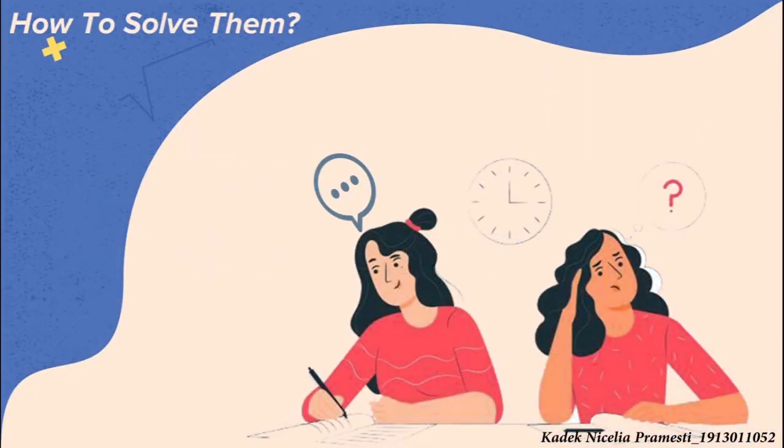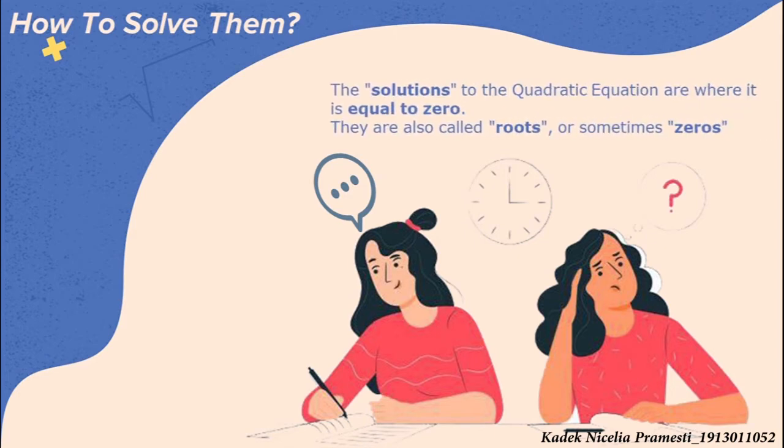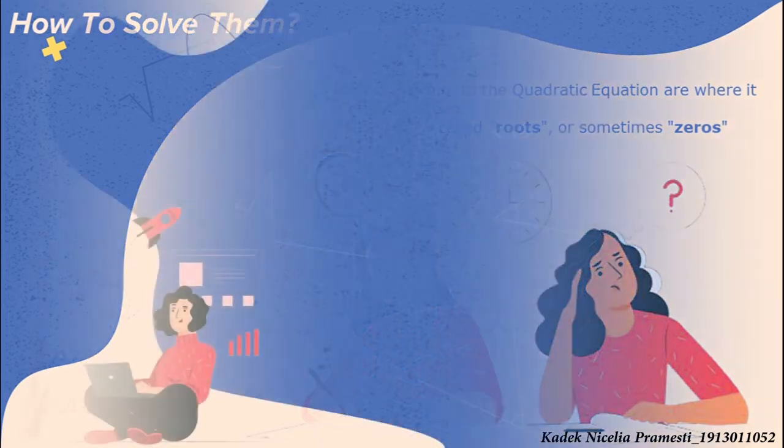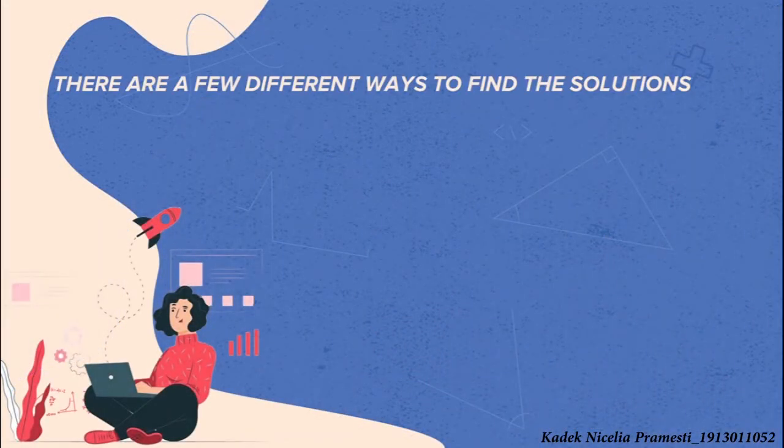Okay, how to solve them? The solutions to the quadratic equation are where it is equal to 0. They are also called roots, or sometimes zeros. There are a few different ways to find the solutions.